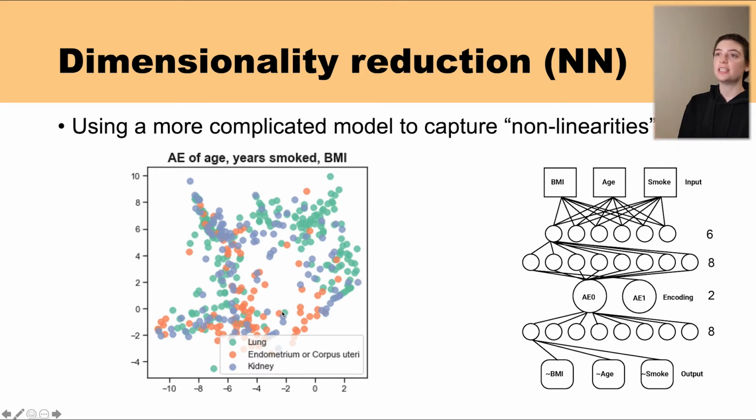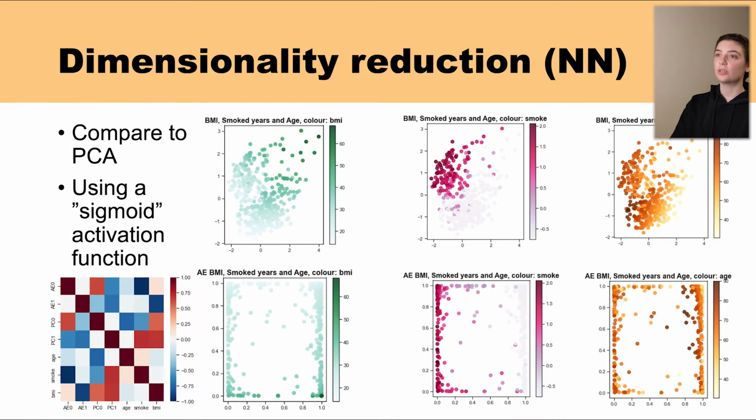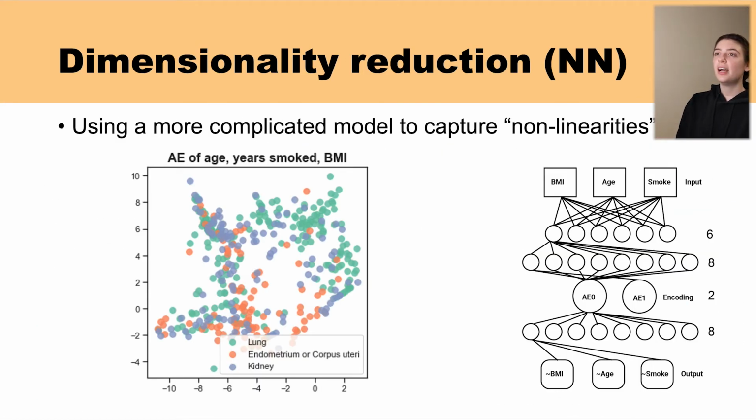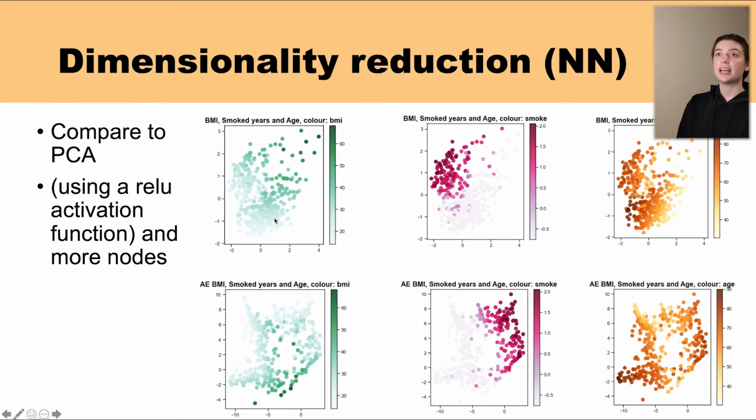When we do this, we see that the output of our autoencoder looks very much like it's not a linear transformation. Each of the previous ones looked quite linear, and that makes sense because we only had 2 layers. We can see a bit more class separation now, but it's quite an interesting shape. And we again see, using ReLU activation and more nodes, that the features seem to carry similar information to our original PC, but just a funky shape.